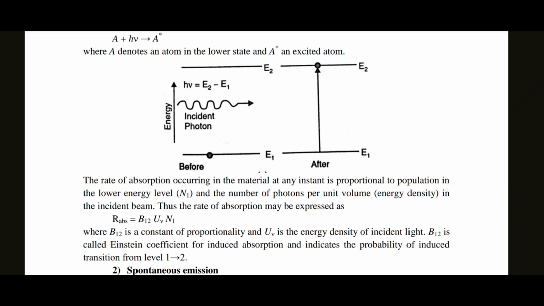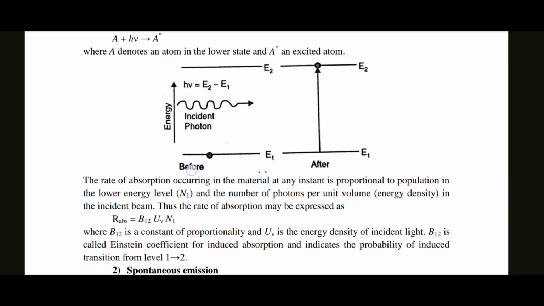The rate of absorption occurring in the material at any instant is proportional to the population in the lower energy level and the number of photons per unit volume, that is, the energy density in the incident beam.